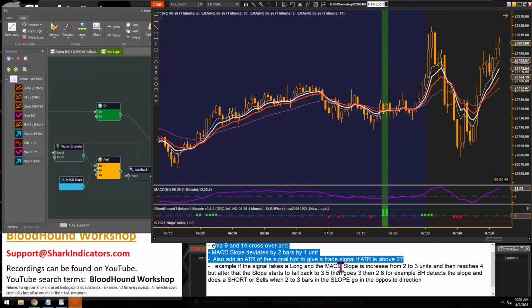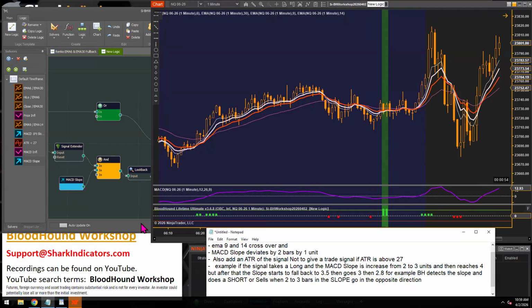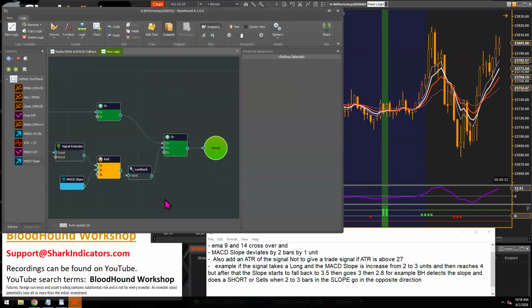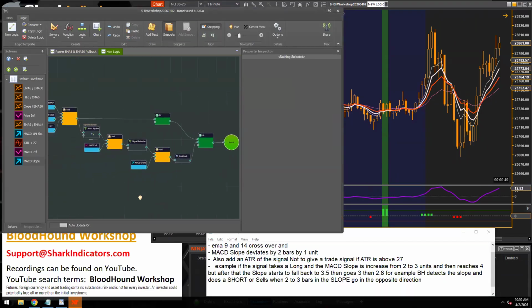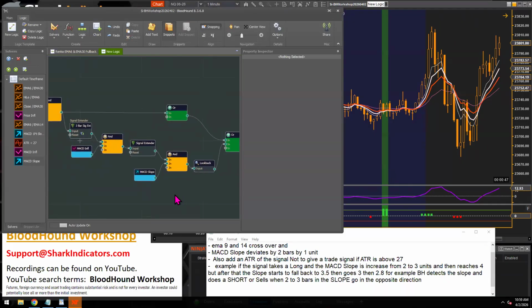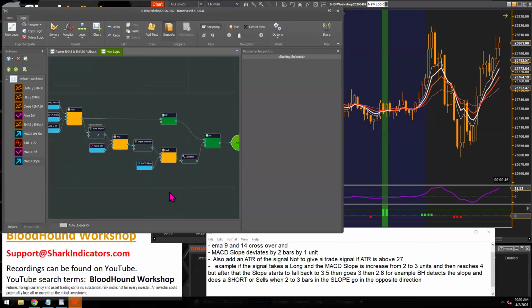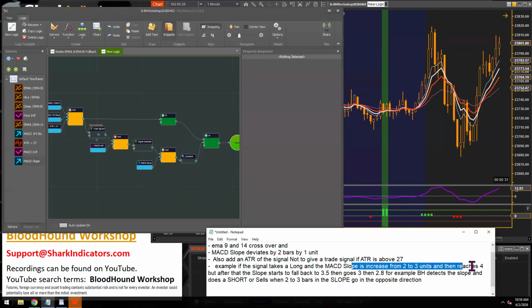Right. So this is the core system here, and the rest is a matter of fine-tuning it. Fine-tuning meaning, how long do you wait for that MACD to roll over?